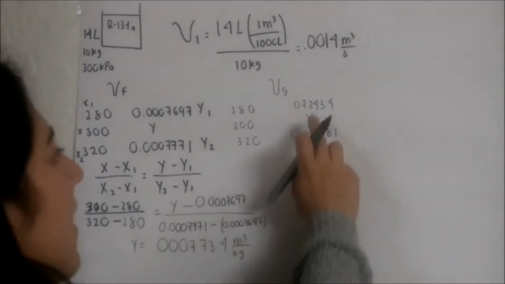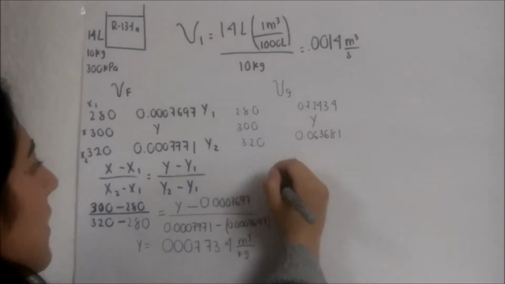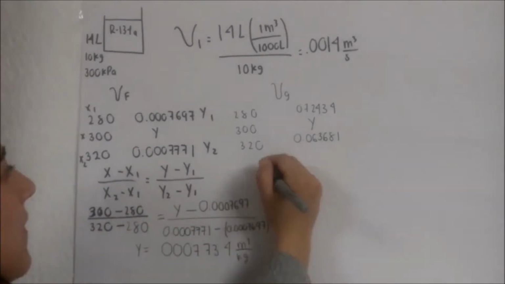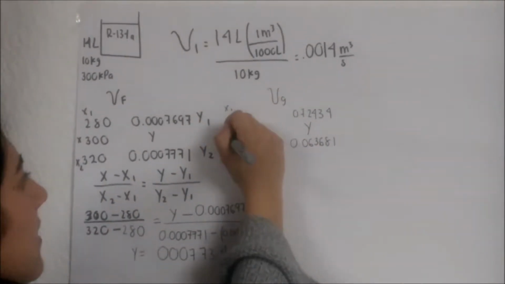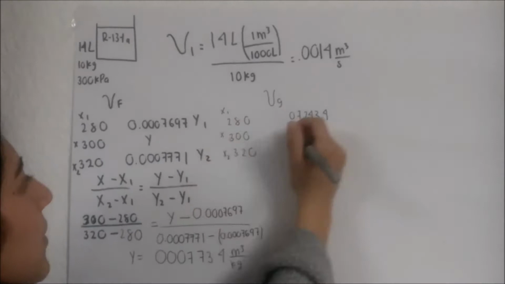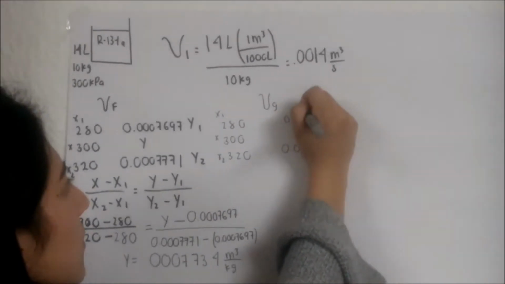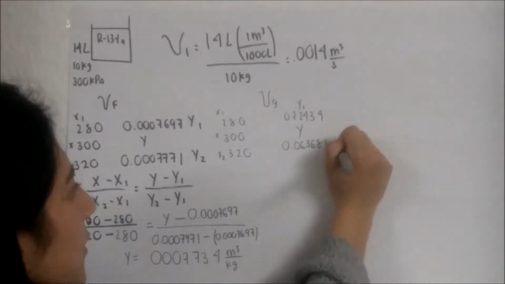We have to look for our y, and our formula is this one. So this is x1, this is x, this is x2, this is y1, y, and y2.